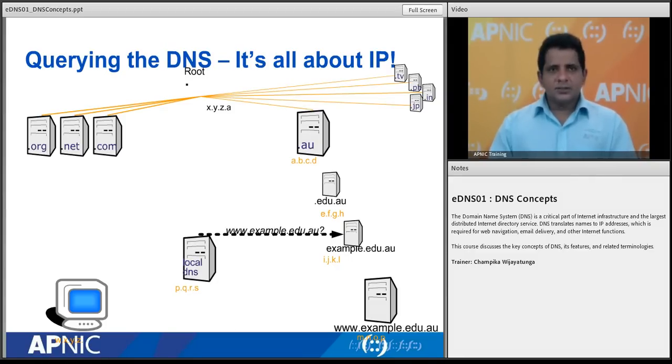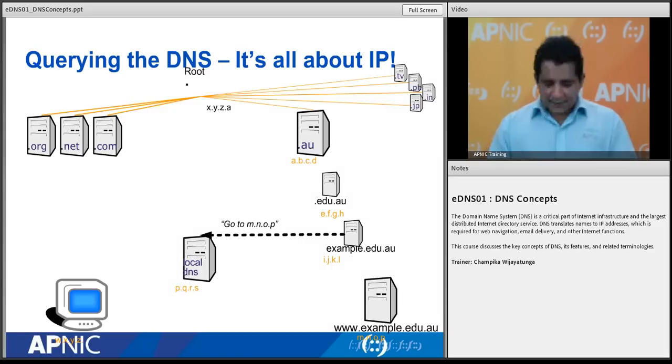In other words, the name servers being contacted by the local DNS are the authoritative servers of the example.edu.au zone. These can be either primaries or secondaries. In other words, these name servers should be able to give a reliable answer.